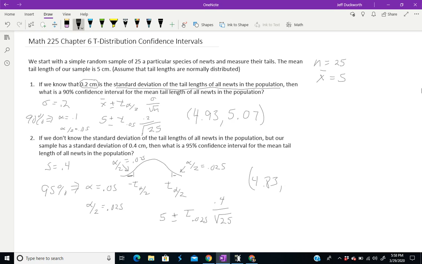So 4.83 to 5.17. So this is our 95% confidence interval for the mean X bar. And this was a 90% confidence interval. And this is how we do a small sample confidence interval for a mean using the calculator that you'll have in class.